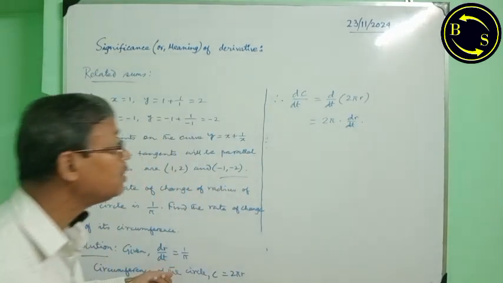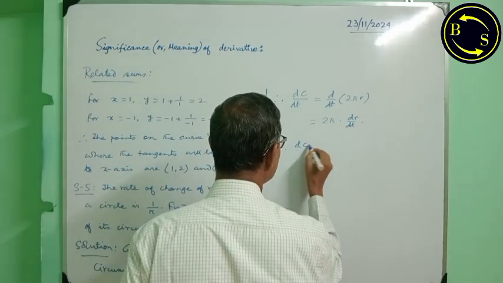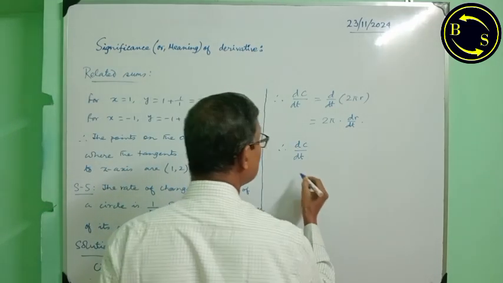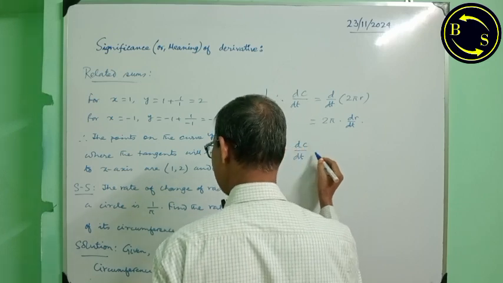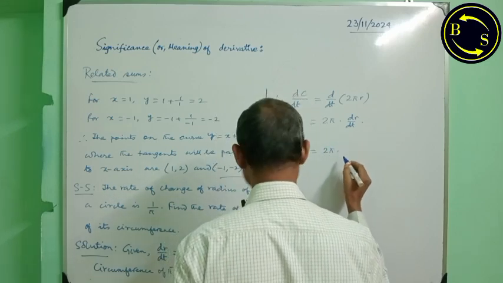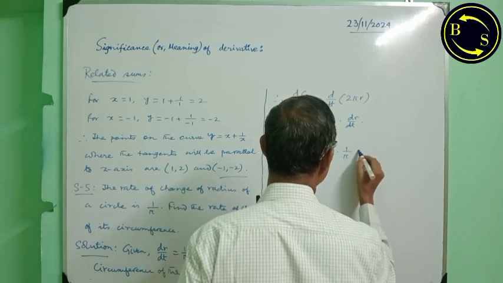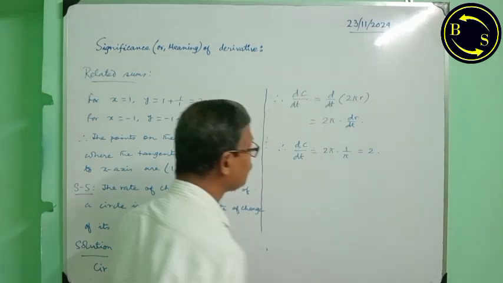Now dRdt is given, therefore dc dt is equal to 2 pi into 1 by pi, that is equal to 2.